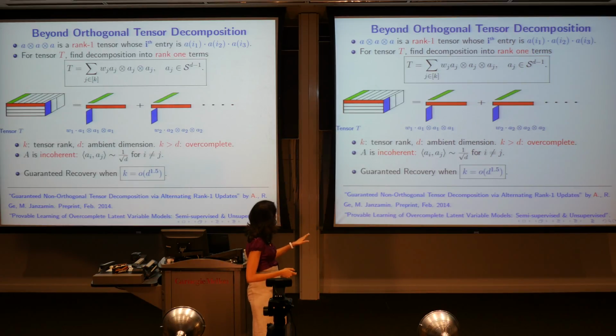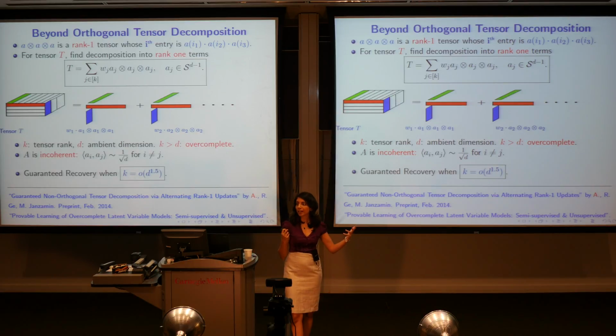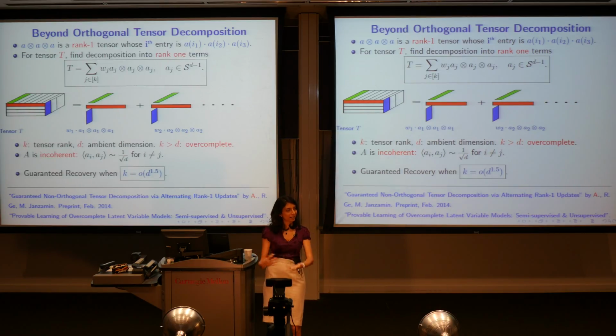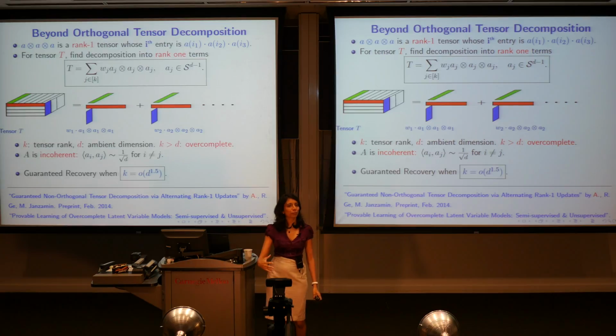It turns out that we can learn these decompositions even when the number of components is polynomially larger than the dimension. The rank of the tensor is polynomially larger than the dimension, whereas in a matrix the rank is at most the dimension. So you see the power of tensors: although the analysis is much more tricky, it's also fruitful because we can learn a lot more with tensors.